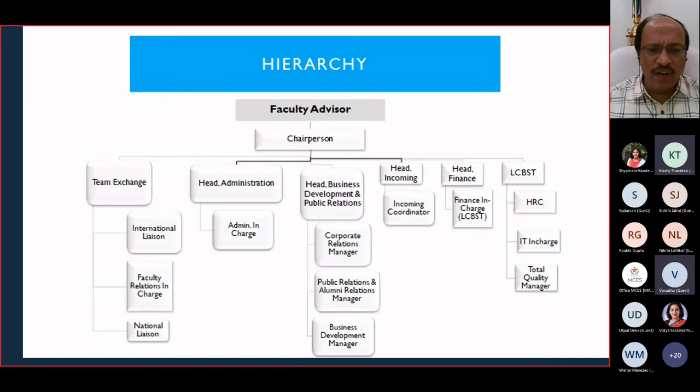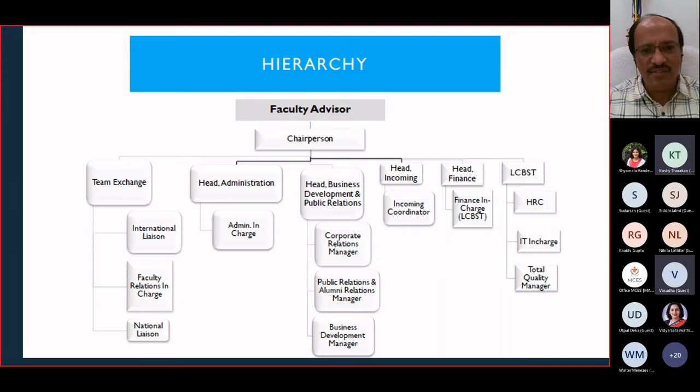There is a chairperson, and if you look at the designations of different people, a lot of learning happens, and during their placement and even during their LOR or getting admission, they claim that they are a proud member of this organization with these titles.